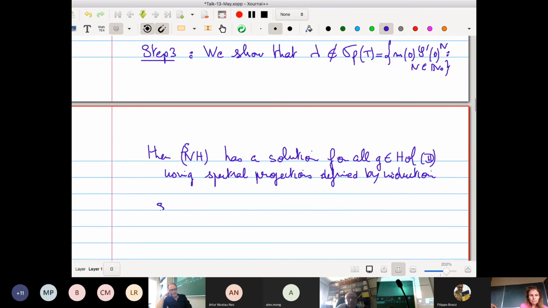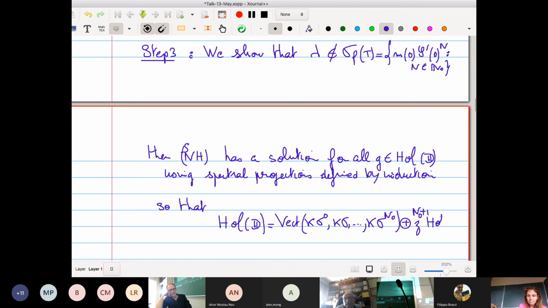So that the set of analytic functions can be separated by the linear vector space generated by the directions 1, z, up to z to the n0, and z to the n0 plus 1 or v.